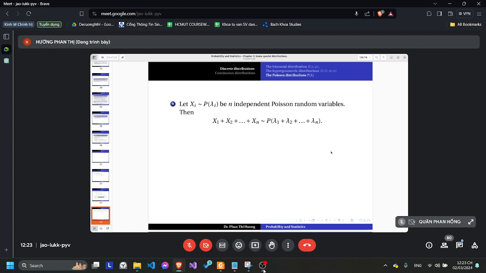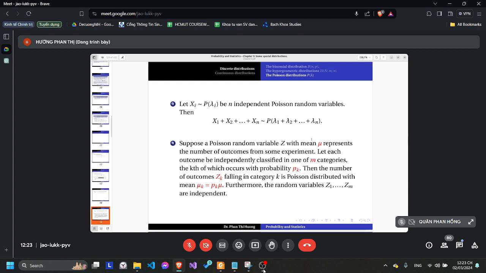If they don't have the same unit, you need to change the unit to be the same. And if the Xi are independent, then the sum of n independent Poisson random variables is still a Poisson distribution with the new parameter lambda equal to the sum of lambda i.